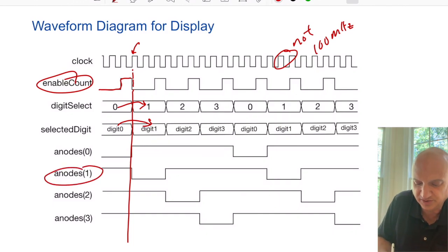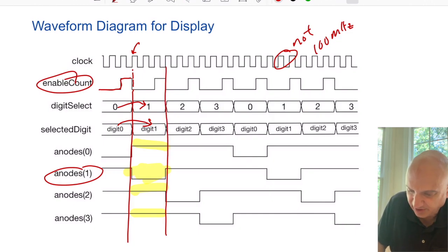Since I'm displaying digit 1, anode 1 activates here, but all the other anodes are inactive until, of course, the next clock cycle where this is activated. And that occurs here.